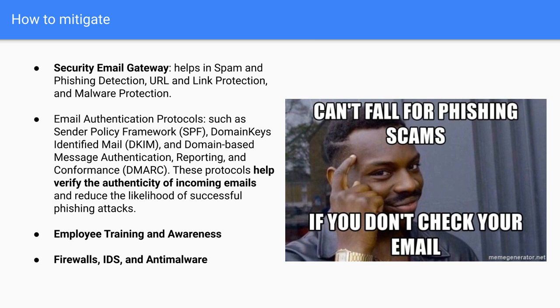So if we have an employee that received an email that managed to bypass the security email gateway and accidentally downloaded the attachment or visited the link that is attached in the email, these solutions may catch the attachment, or maybe prevent the malware that the user downloaded by mistake from running.